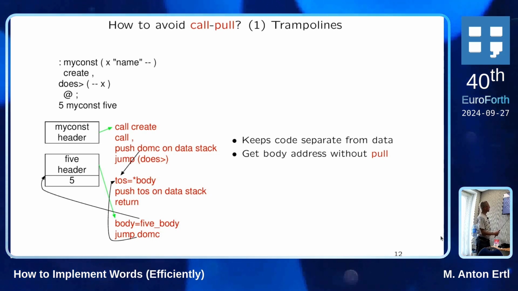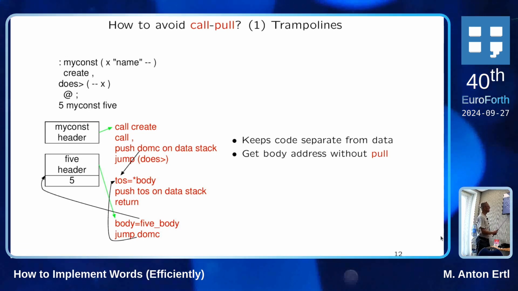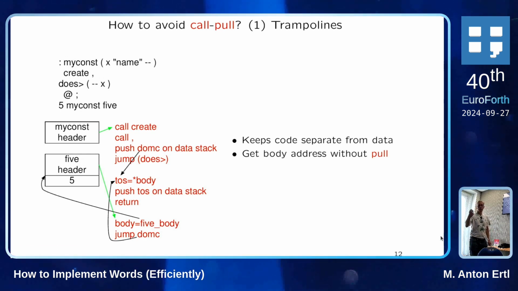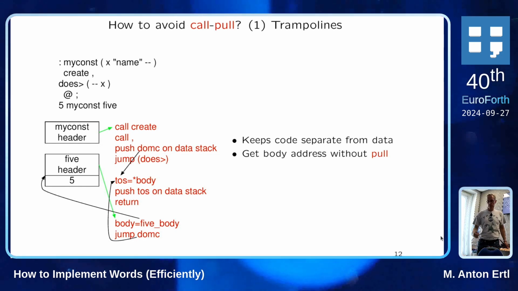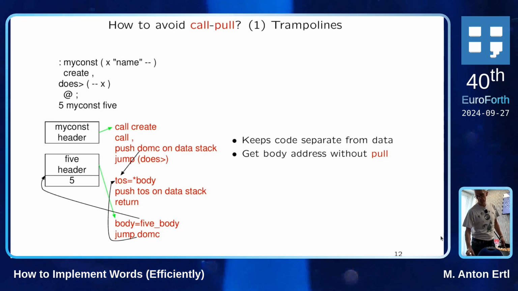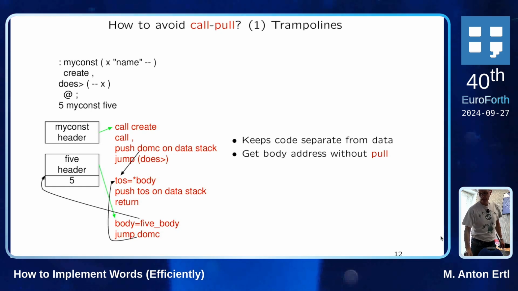This keeps code separate from the data, so you don't get fault sharing, and you get the body address without pulling a called value, the return address of a call, so you don't get the branch misprediction. That's what LXF does, and that's why LXF usually gets good performance on these microbenchmarks, except for the ones where different is involved.